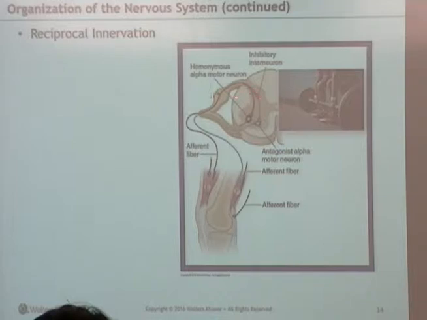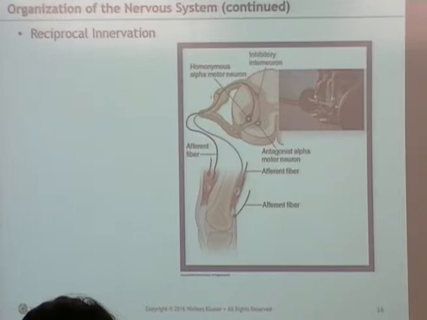And the other interneuron that it synapses with is called an inhibitor interneuron. And so what that one does, that one then synapses with the motor nerve that goes to the antagonist muscle. So that allows for very fine control of the motor skill.